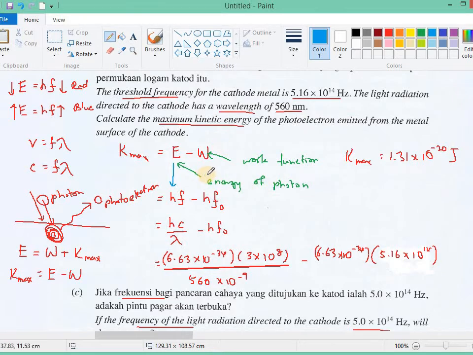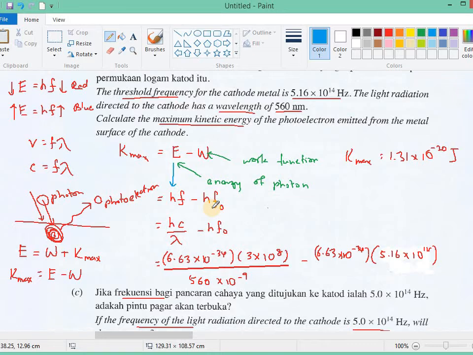So the amount of energy can be calculated by taking the threshold frequency times the Planck constant, because the threshold frequency is the minimum frequency of light for the electron to have enough energy to escape.